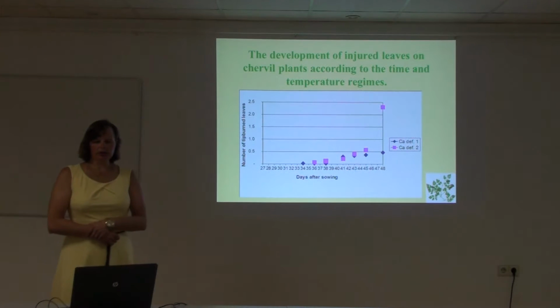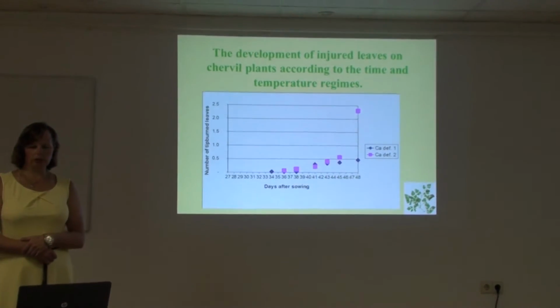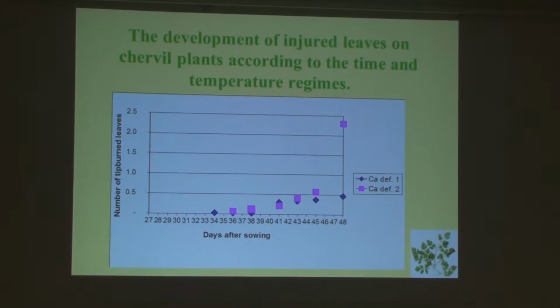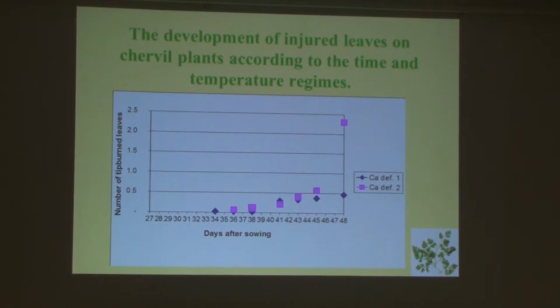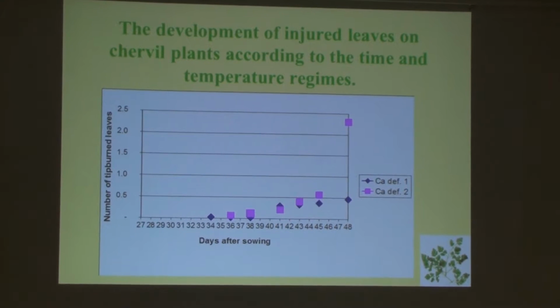And you can see here the development of injured leaves on the chervil plants according to the time and temperature regimes. In the beginning, until 34 days after sowing, both treatments don't show differences, but as the calcium deficiency injury is becoming visible on plants, there are more and more differences according to the time.